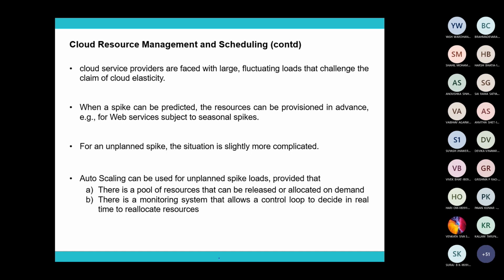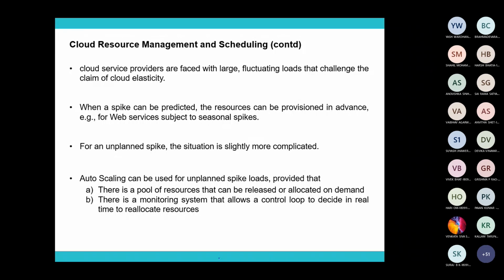But in the case of an unplanned spike, it is very difficult to provide the required resources. For an unplanned spike, the situation is slightly more complicated. Auto scaling can be used for unplanned spike load, provided that auto scaling can be done. Say initially it has some load, and suddenly there is heavy load on that server.